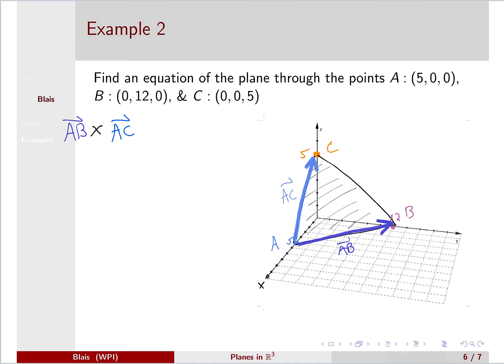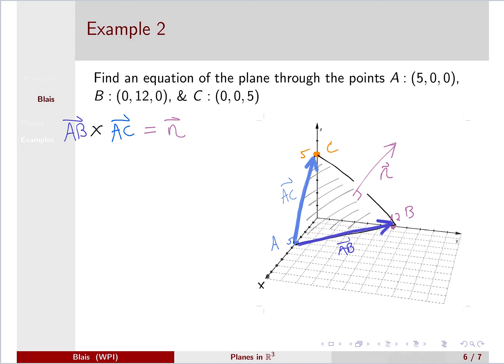So the normal vector we will define will be using this cross product. And using our right-handed coordinate system, this means the cross product in this case will point like this, and again, will be perpendicular to that plane. If you went the other way, AC cross AB, it would still be perpendicular to the plane but pointing downward. In either case, it works. So this is how we will set up our normal vector.